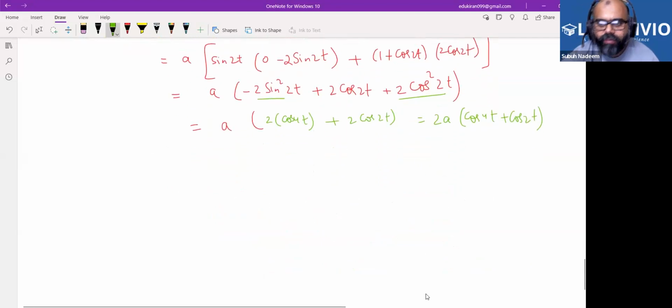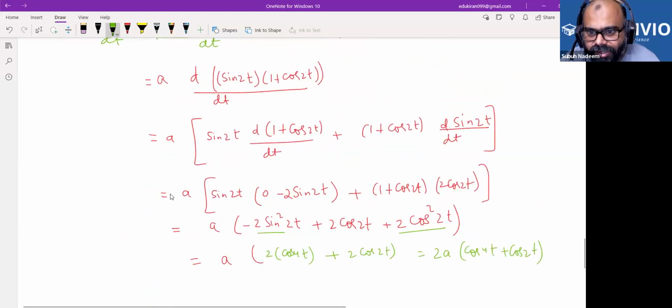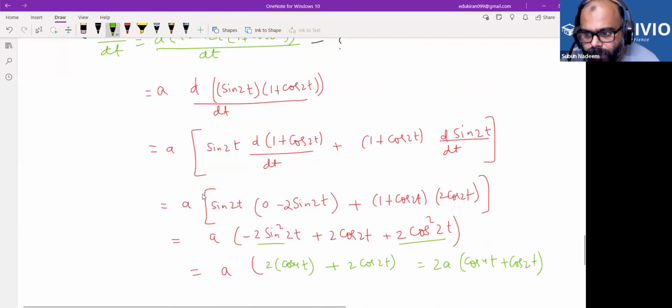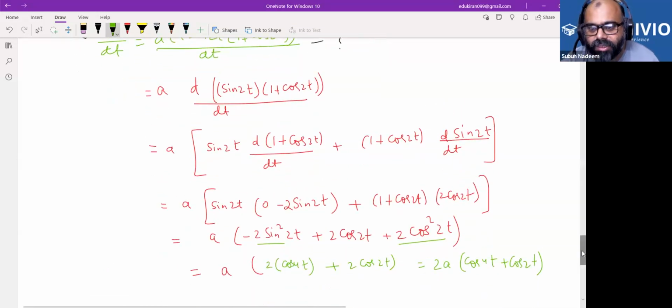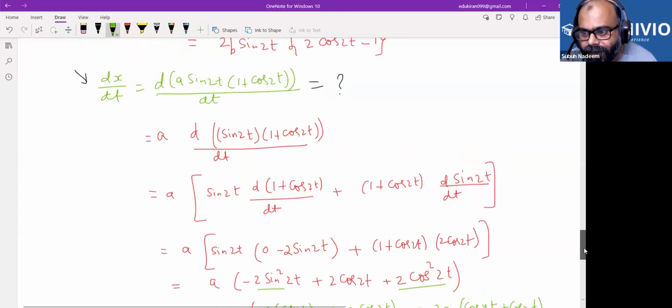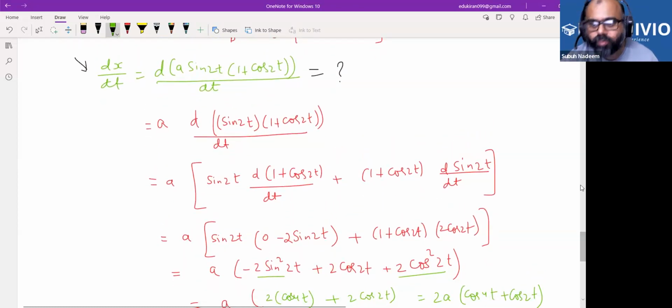Now therefore, when we finally write dy by dx, it will be dy by dt. First write this dy by dt which we have obtained here. This is the dy by dt which we have obtained. This is the dx by dt.